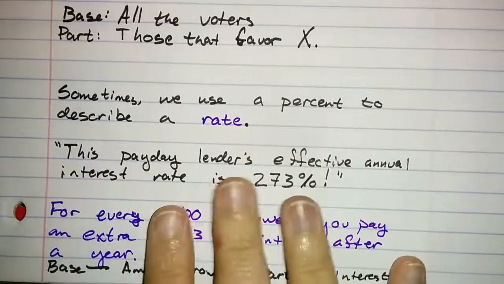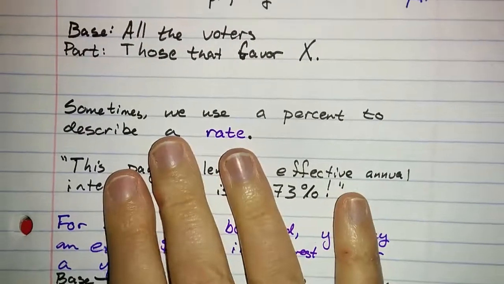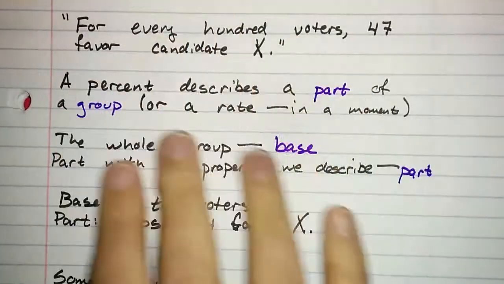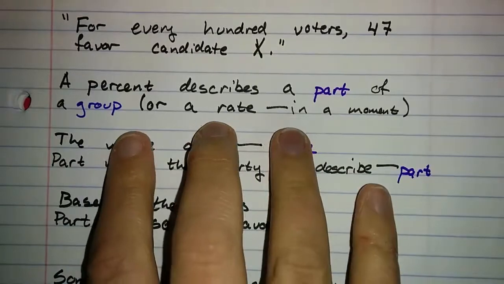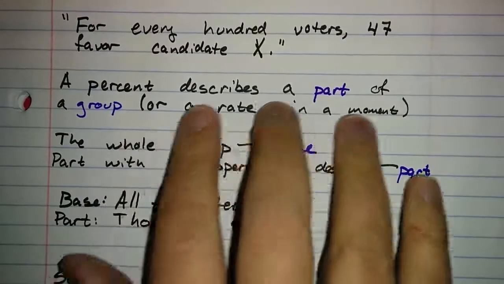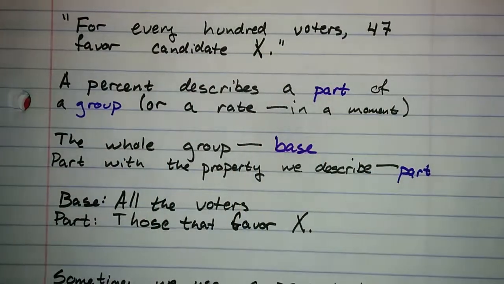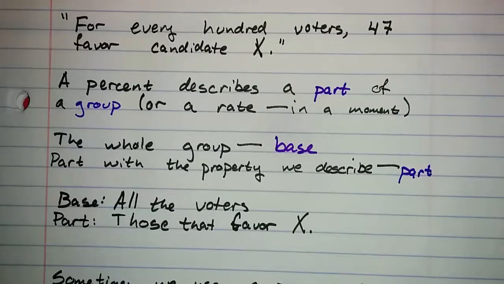So we're going to see more of this use later on, but to begin with, we're going to focus just on this use, where we're talking about a part of a group, because these are kind of the simpler sorts of problems to think about involving percents. The rate type problems we'll talk about later.